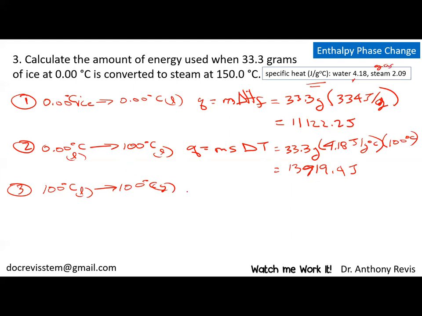So that means we're going to say Q equals, okay, that's a phase change. So anytime you have a phase change, you're going to have this fusion or vaporization. In this case, you're going to have delta H vaporization. And you look that up on a table also, nothing magic. So you take the mass, and then you're going to have that vaporization constant, which I looked up for you on a table. Didn't write it here, but this is the value of it, straight from a table.